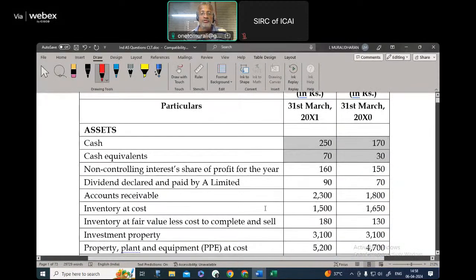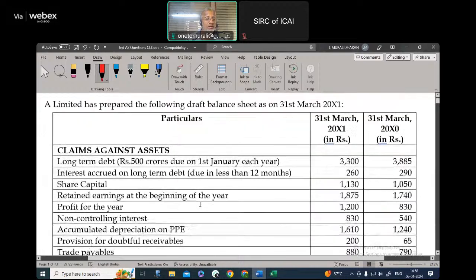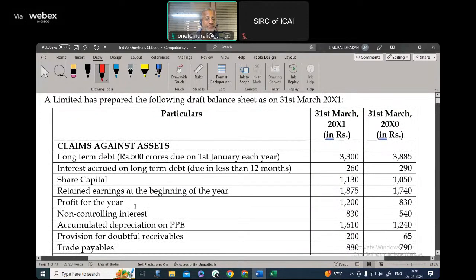Then comes non-controlling interest. Where would this non-controlling interest be adjusted? See, the financial profit after taxation, profit for the year that we have is 1200 and 830.